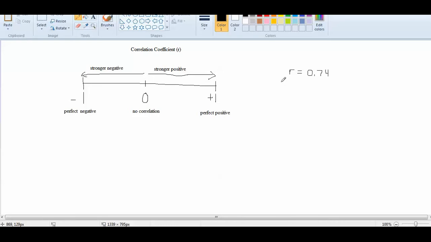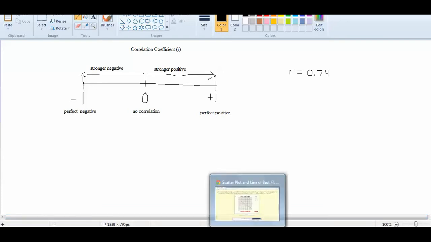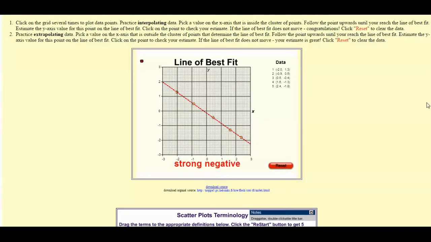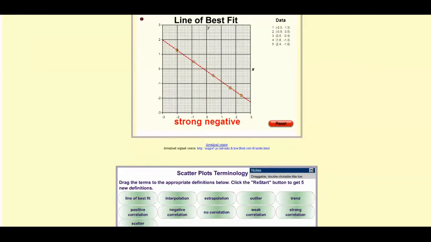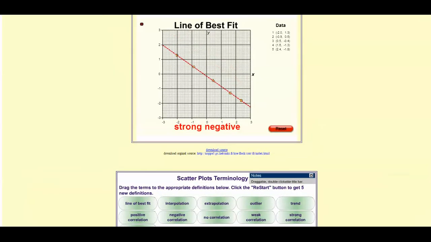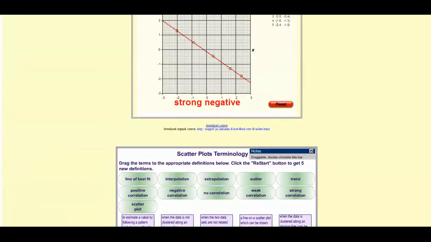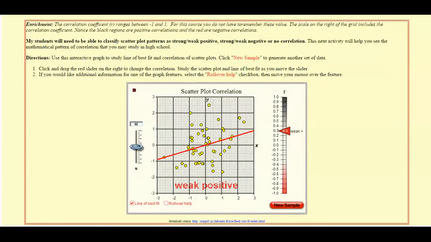Now I'll go back to the website to actually show you a demonstration of the correlation coefficient. There's another graph down here that can do it. Here we have a data set, and we can set the correlation coefficient, which is the letter R, to a certain number, and it'll show us what that data set would look like.